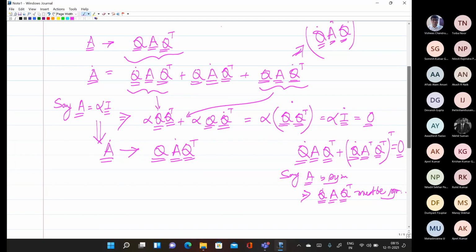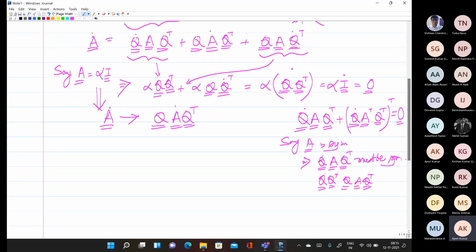So maybe we write it as Q dot Q transpose into Q A Q transpose, which is some W antisymmetric times Q A Q transpose, which is symmetric.